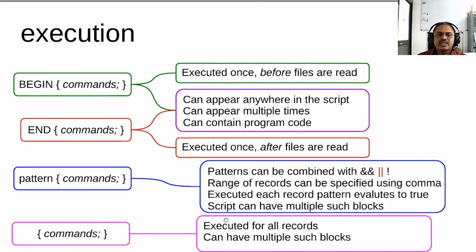And as you can see, one need not mention a pattern. You could actually just give a set of instructions between braces, and that will be interpreted as a default action that will be performed on every line of the input stream.